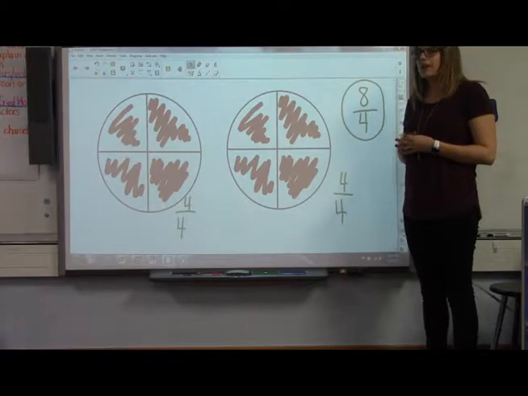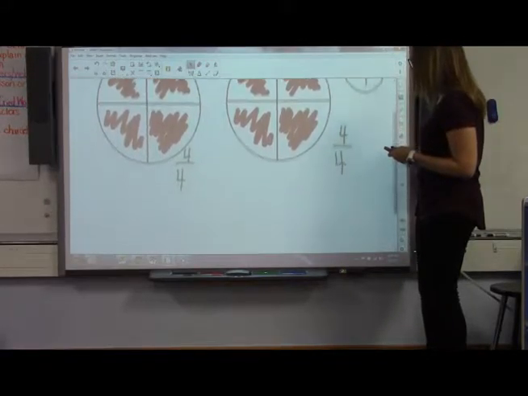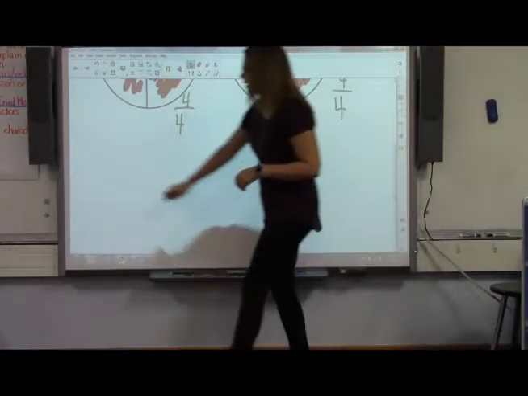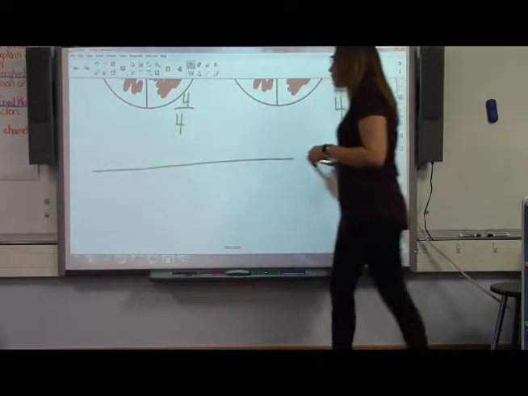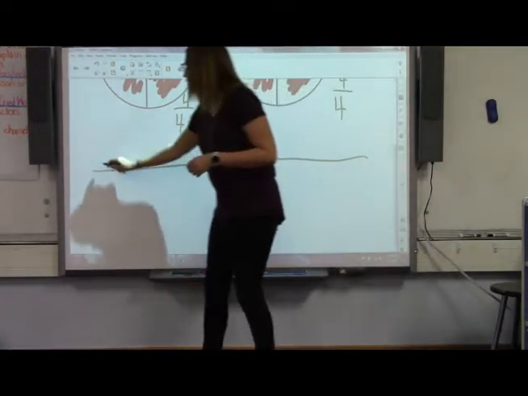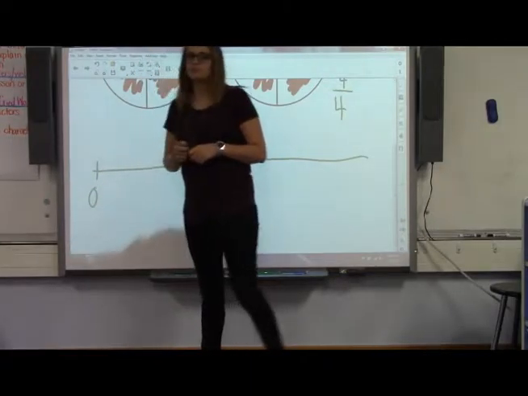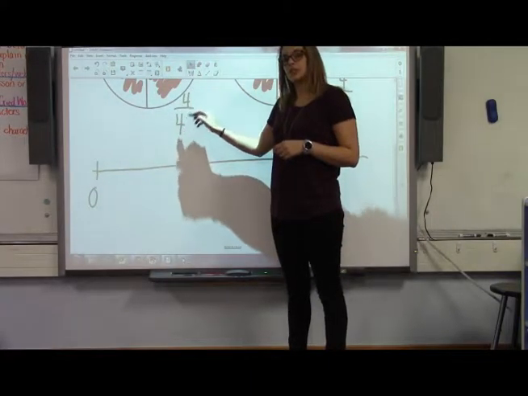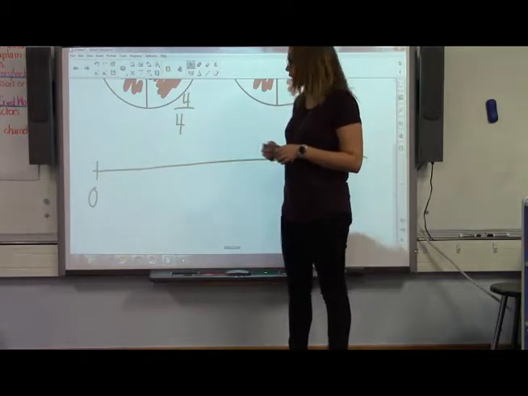How could I prove that on a number line? So we have a number line, and I don't know where we're going to end up. So I'm going to keep the end open, and I'm just going to start here at 0. Now I know I need to partition it into fourths, so I'm going to start there.